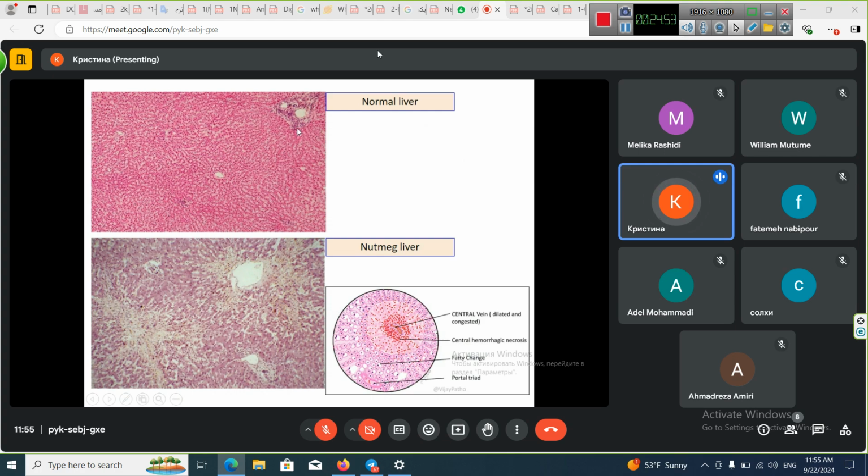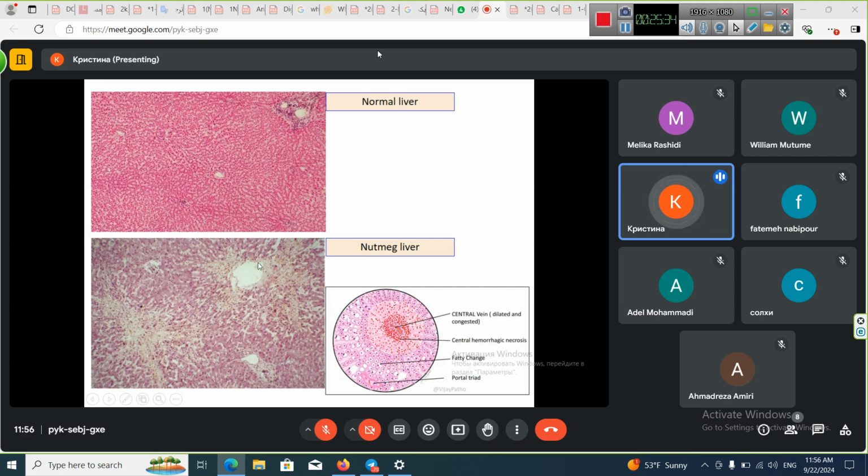between the lobules, at the border of each lobule, there is some amount of connective tissue. Normally we have very little connective tissue, but in the case of nutmeg liver we will have fibrosis in the area of the portal triad at the periphery of the lobule. It means the overgrowth of connective tissue, which is lighter in color in this particular picture, and it means that we can see the periphery of the lobule very clearly because of the enlarged amount of connective tissue.